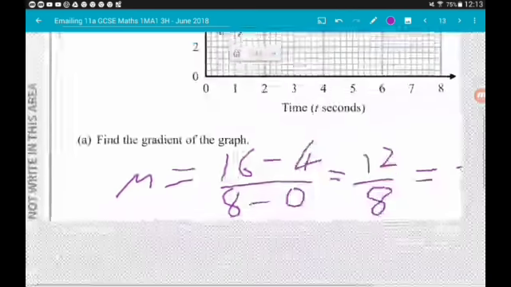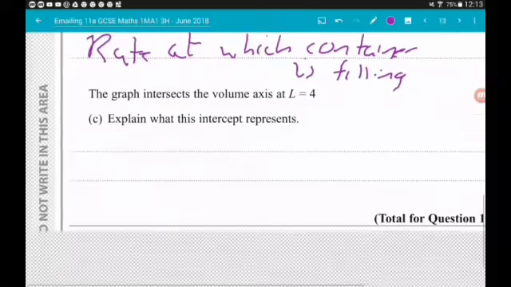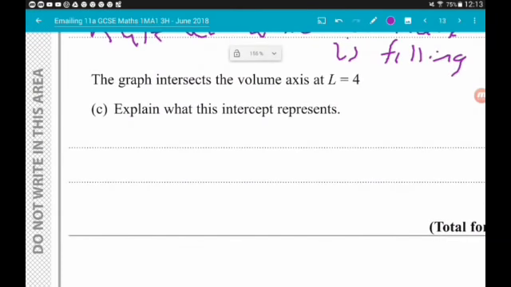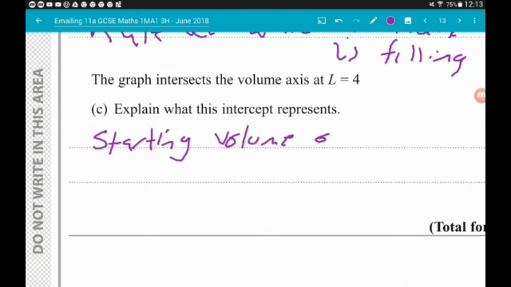So this intercept is the starting volume of liquid. Cool.